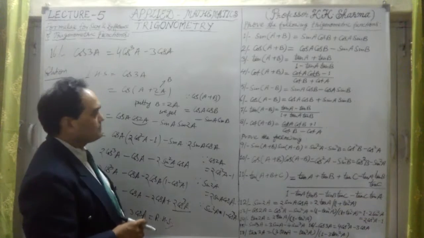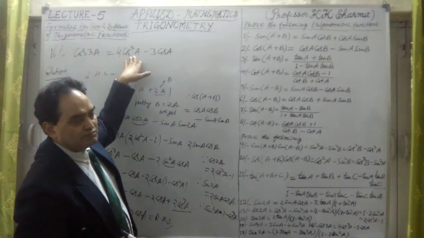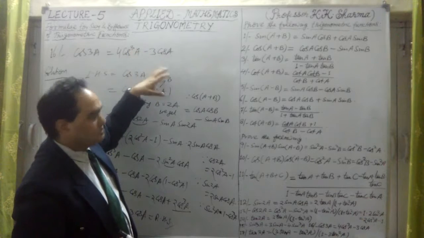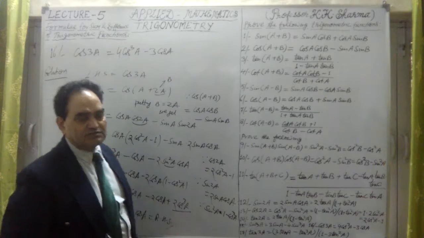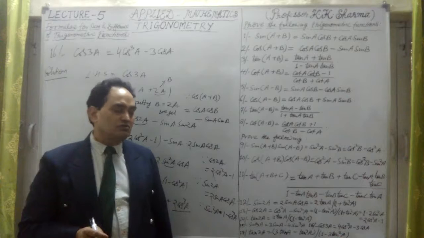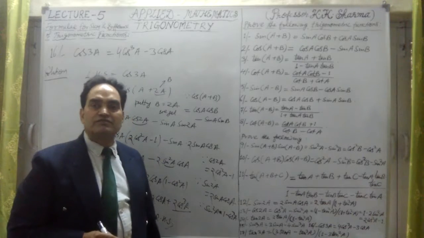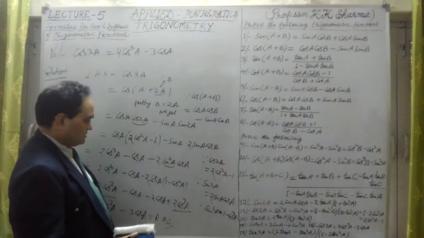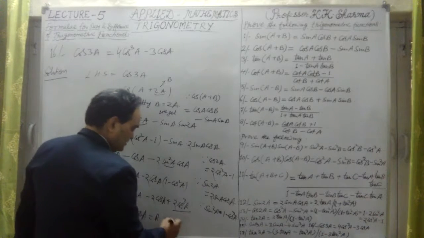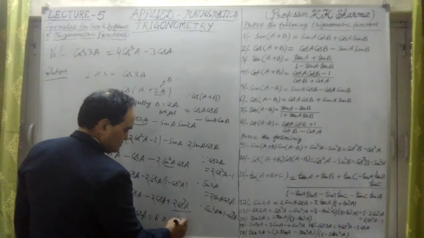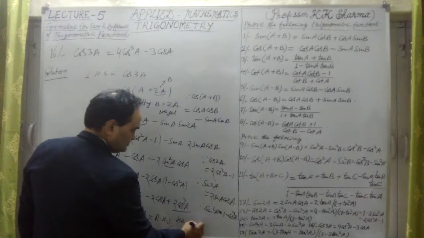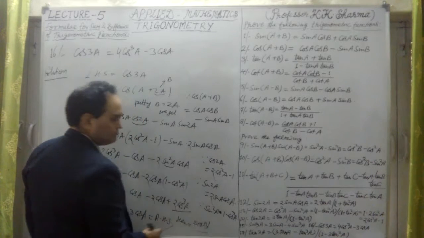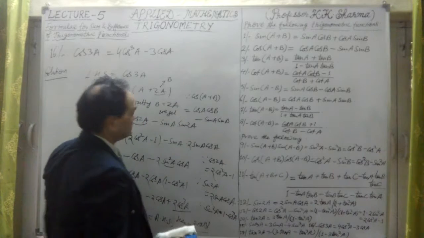Whenever the value of cos cube is required, we have to convert it using this formula, as we used it in integration and differentiation. So it can be used here. This is the right hand side. Hence proved, this is the answer. This is question number 16.